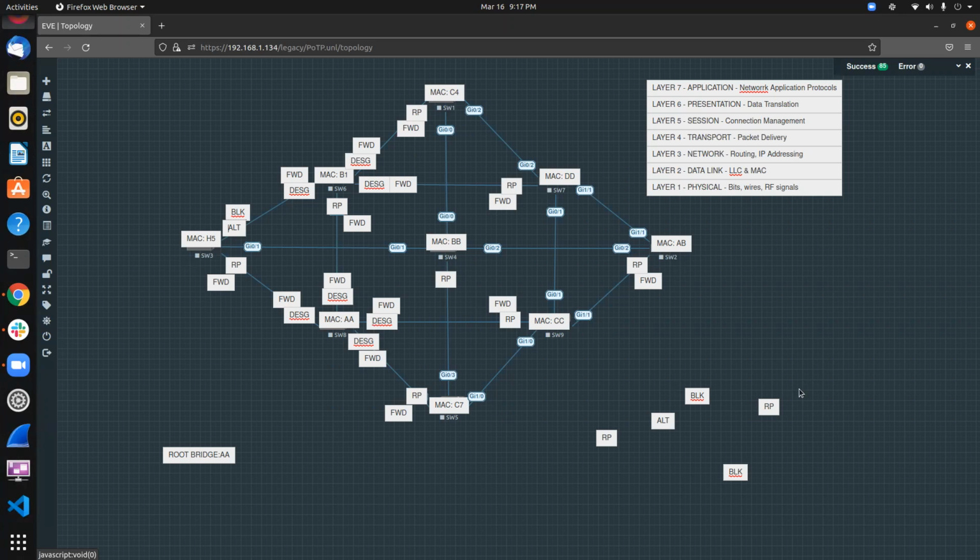In the first election, the cost is equal for both of those switches, the path. Therefore, the next election would be the MAC ID, which one would be the lowest bridge ID.